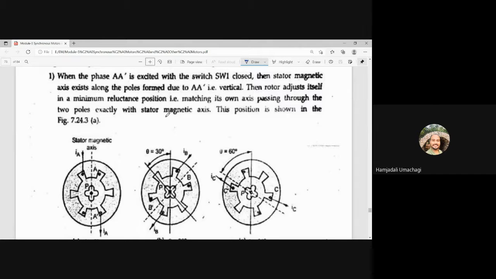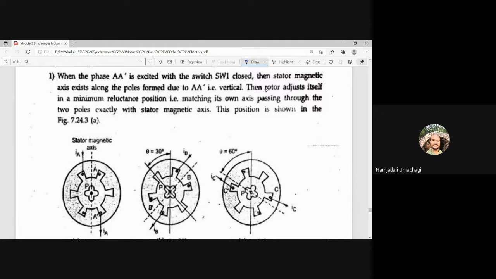This is the minimum reluctance position now, and the rotor tries to adjust to that position.